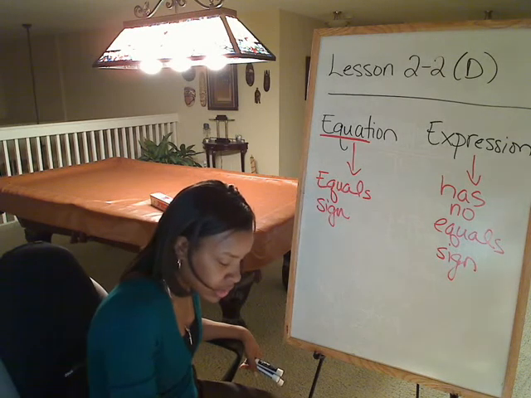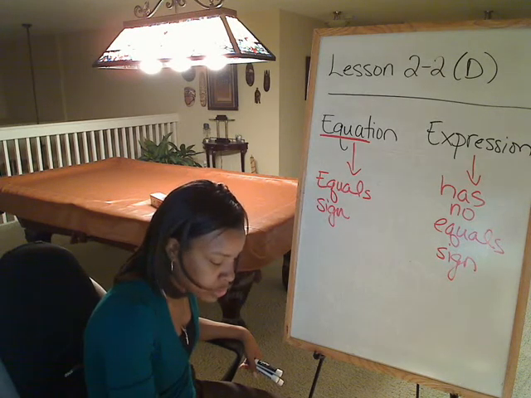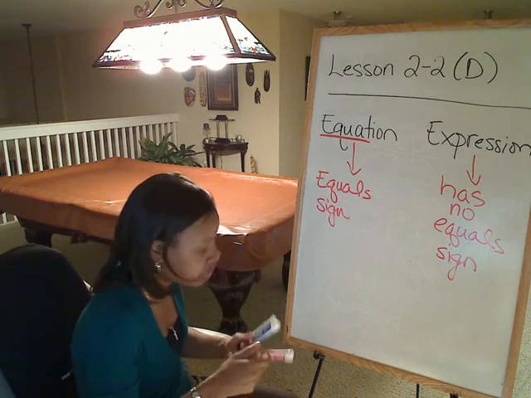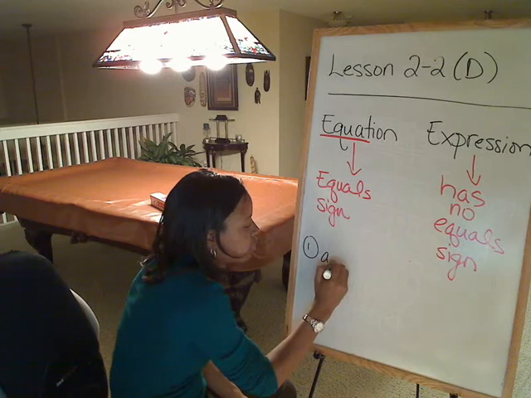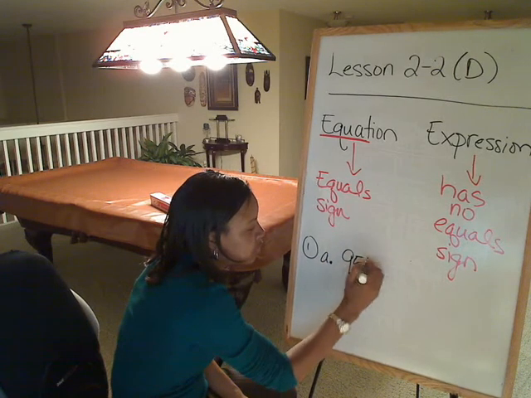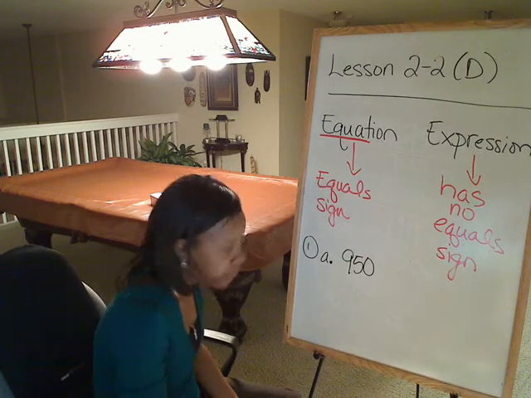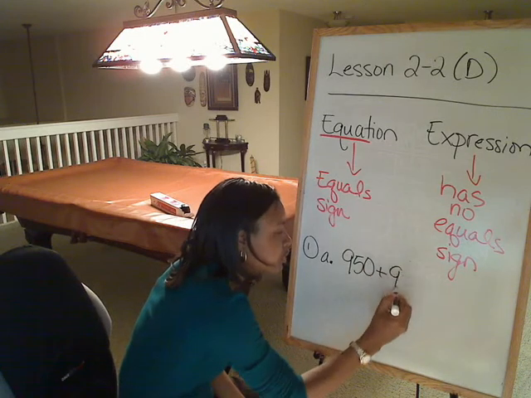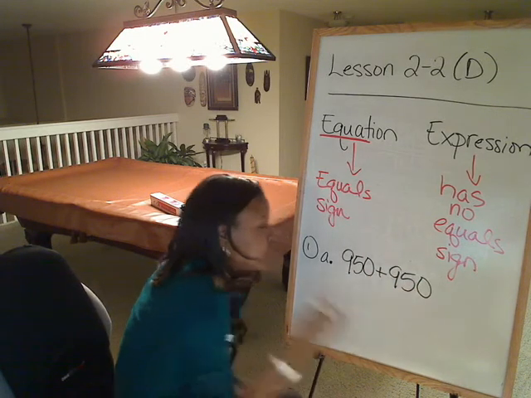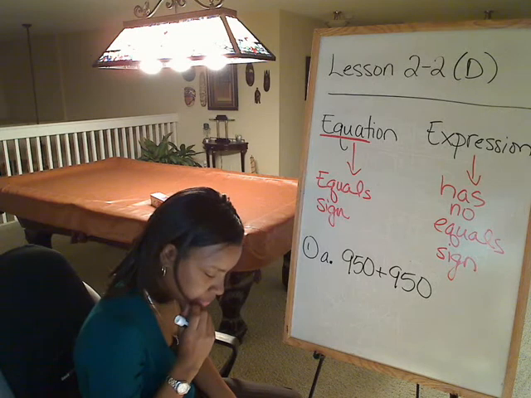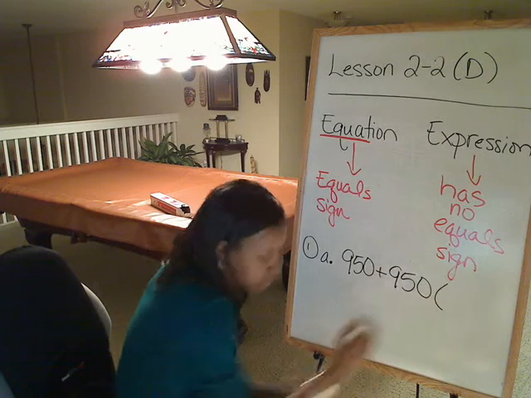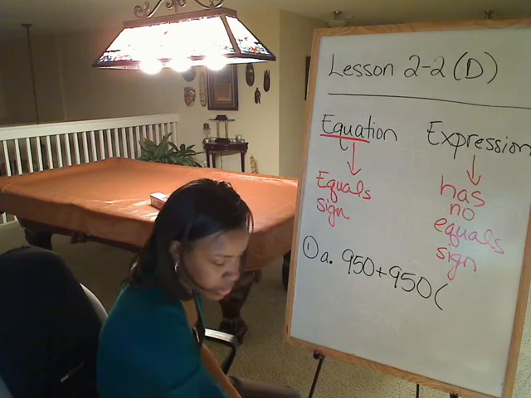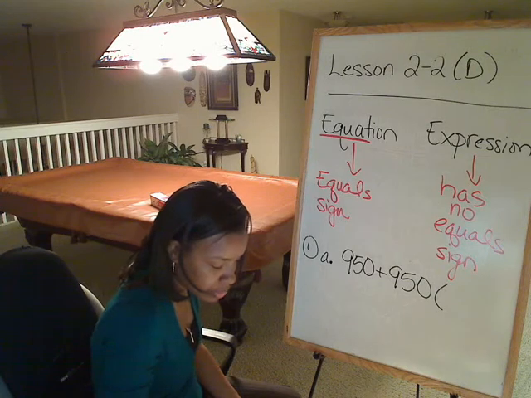So if you look here at the table, the first term, the starting point is 950. So I'm doing number 1A. The starting point is 950, and the pattern is also to add 950. They're talking about light bulbs that you can make per day.